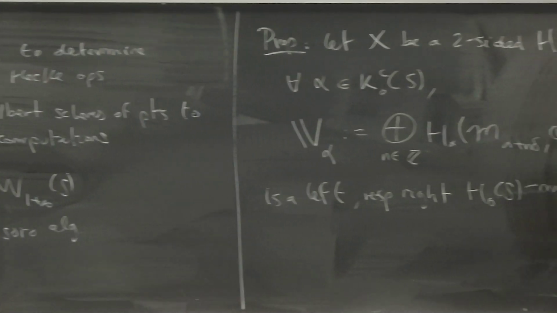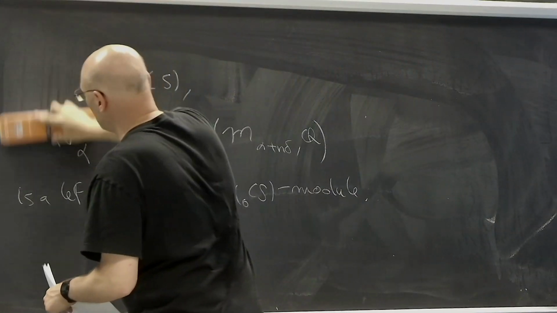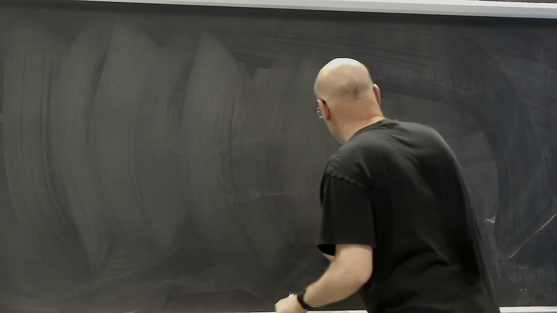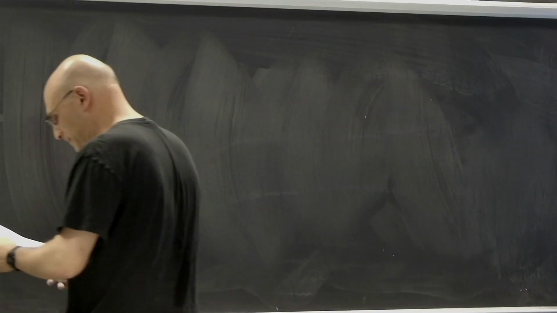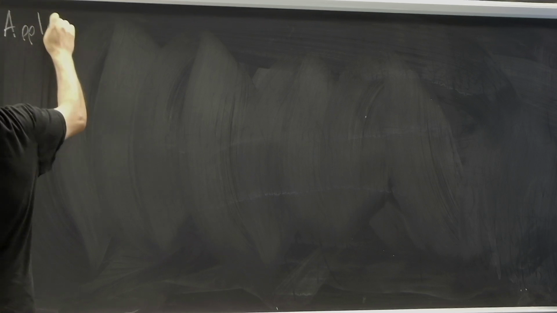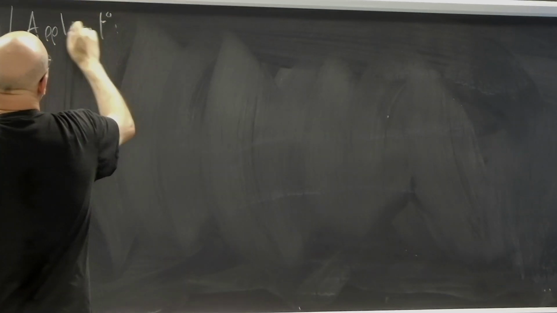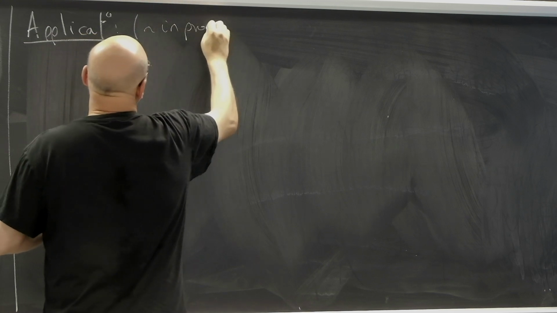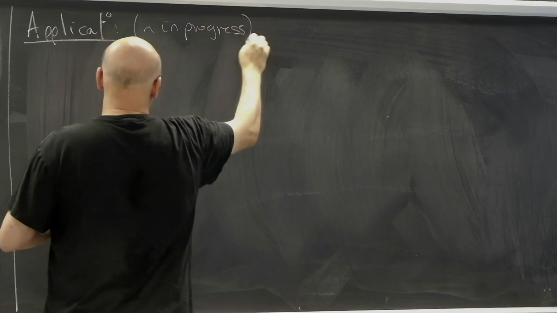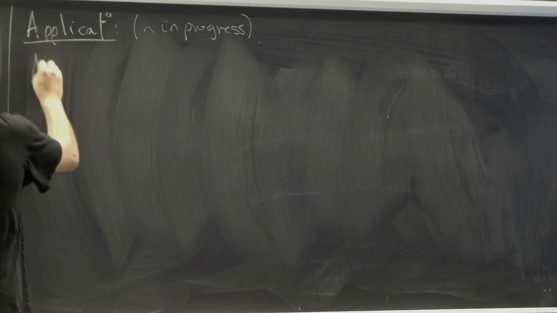Okay, and so I have 6 more minutes. Maybe I just want to give another application that's still work in progress. So let me give another application. This is kind of in progress. So let's assume that S is symplectic.